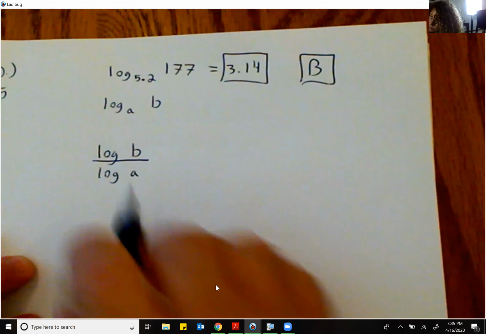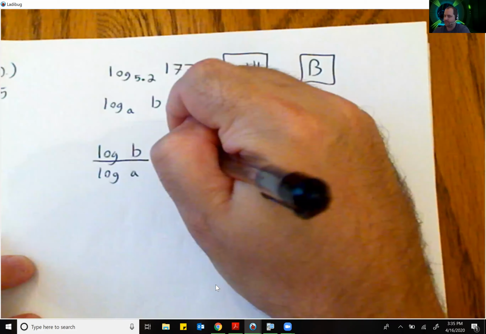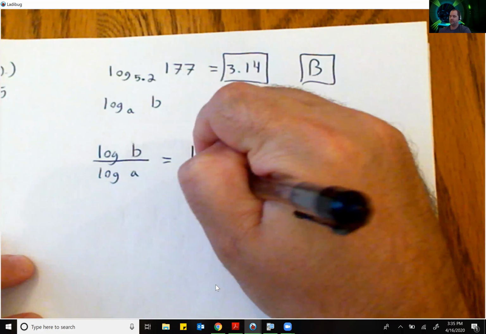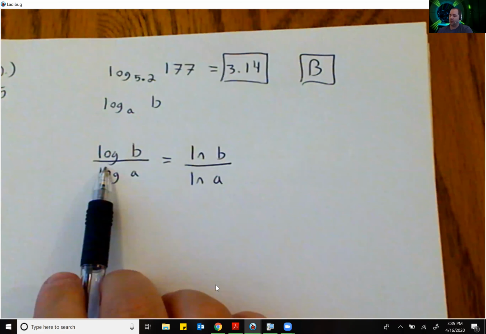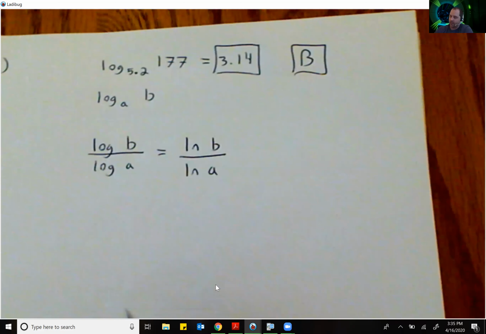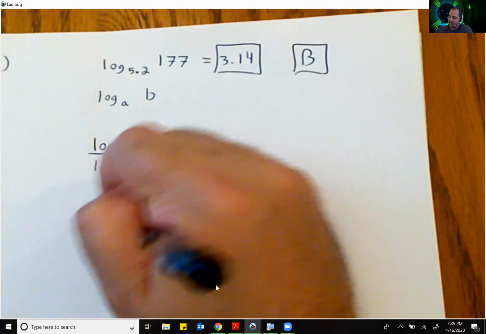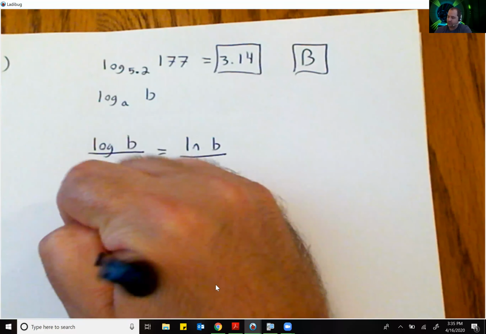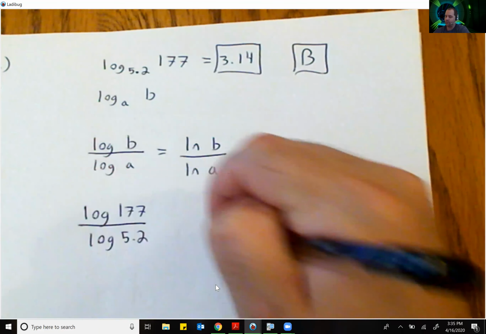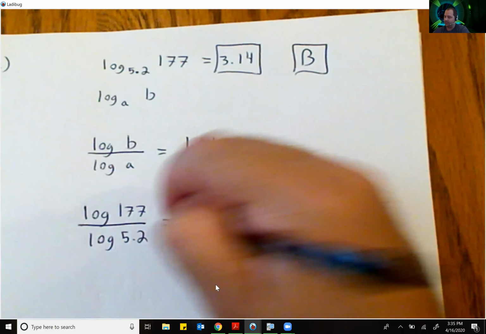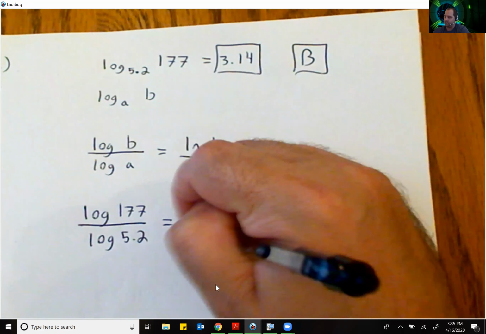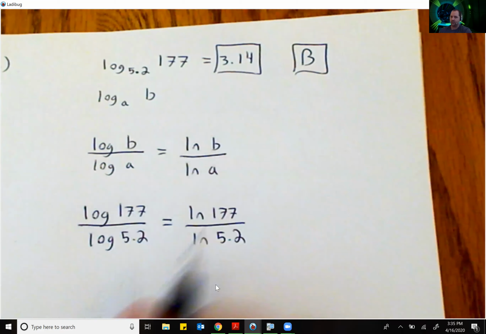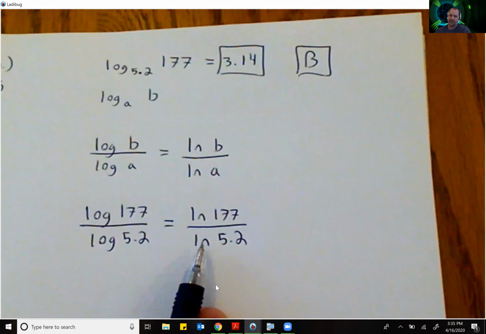Or it's the same thing if you did it with ln: ln of B over ln of A. So you can go into your calculator and run log of 177 over log of 5.2, or run ln of 177 over ln of 5.2. Both of these are the change of base formula that lead you right back to that.